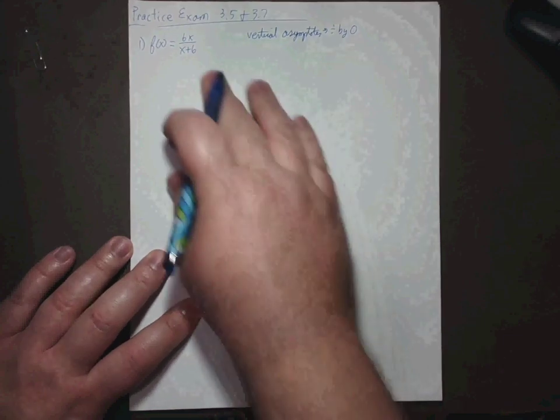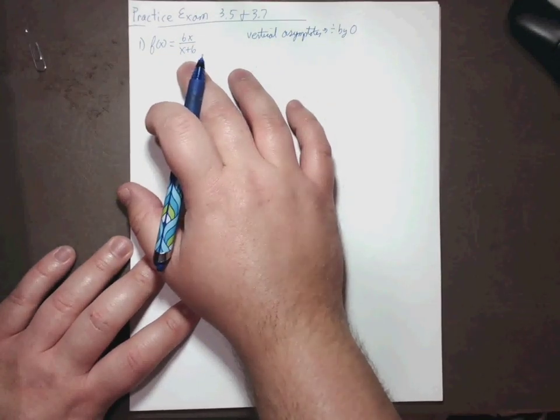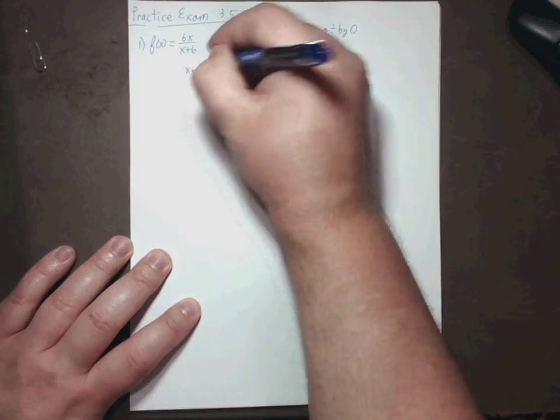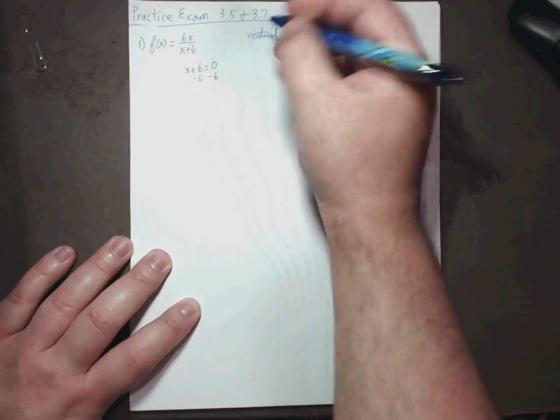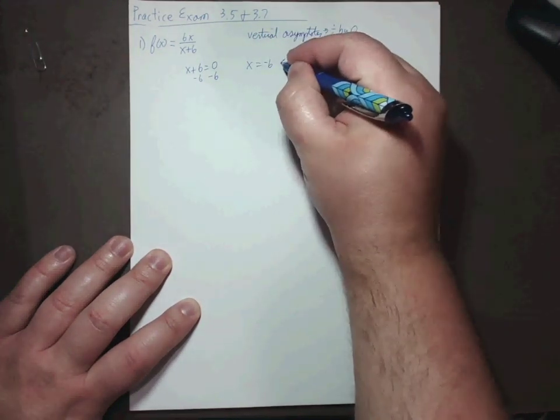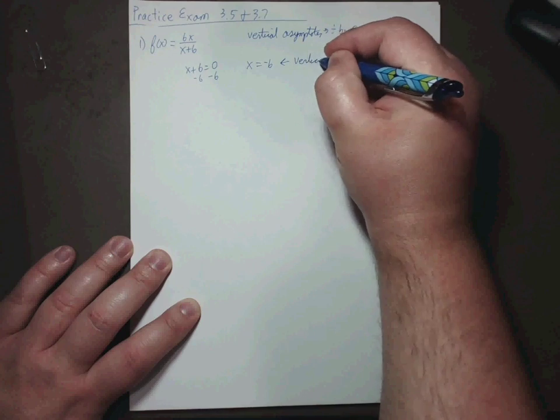So we need to set the denominator equal to 0 and solve for x. So x plus 6 equals 0. Subtract 6 from both sides, and you get x equals negative 6.